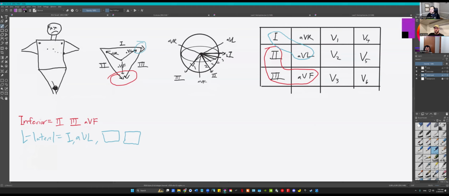Oh, just the anterior part of the heart. 1, 2, 3. Yeah, so anterior equals V1 through 4. All right, knowing the complete picture, what are the missing ones in the left lateral leads? Uh, 5 and 6, you're saying? Yep, that's right, V5, V6.